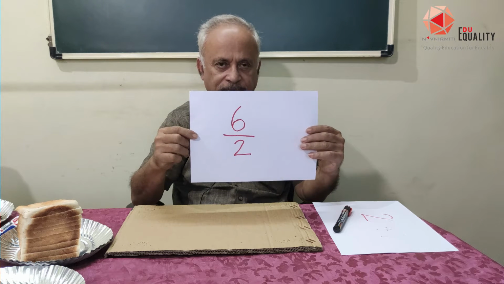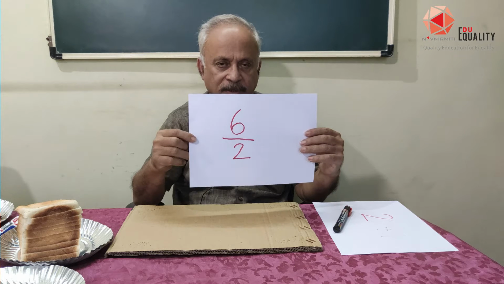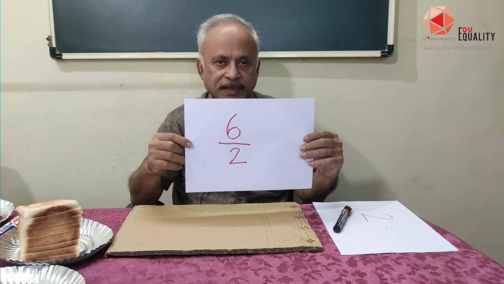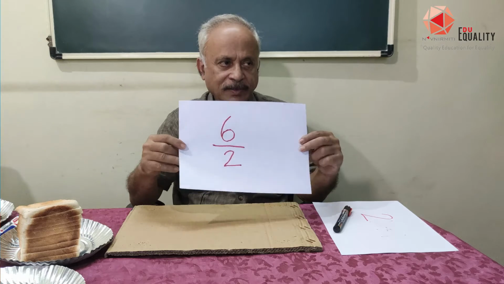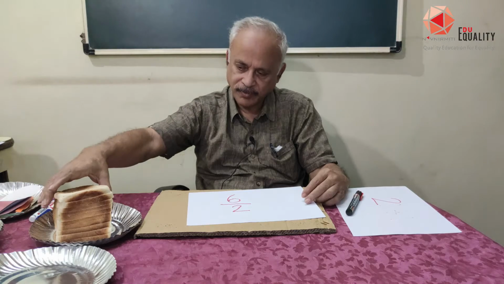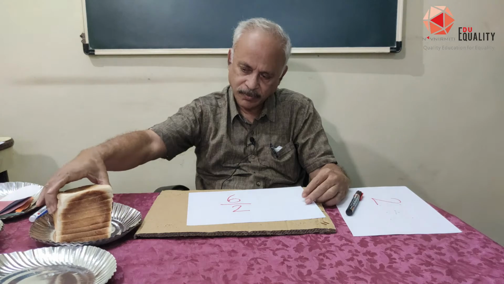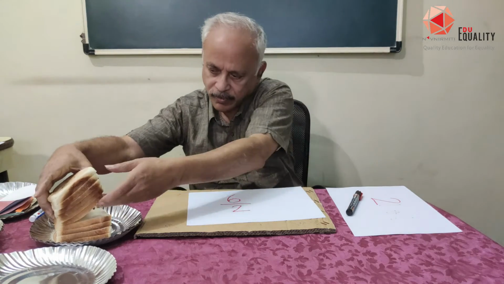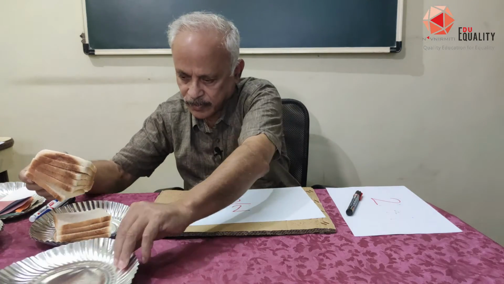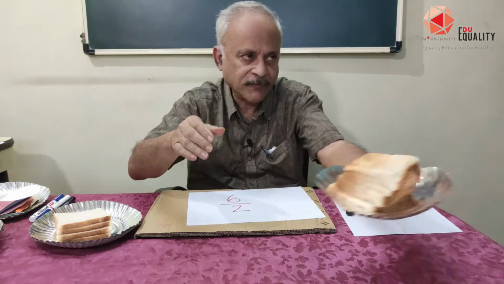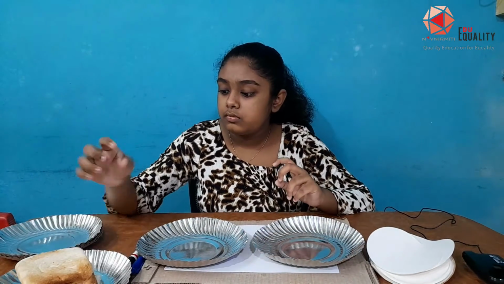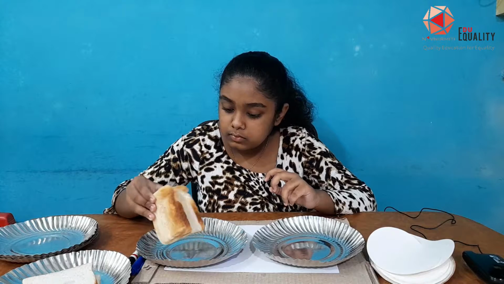When I am dividing 6 by 2, I have to start with 6 and divide it equally among 2 persons. Okay, so I've given you 6 slices and divide those, do this problem.